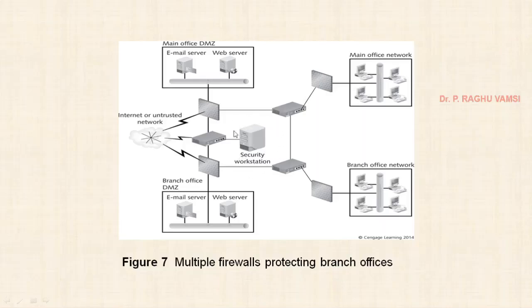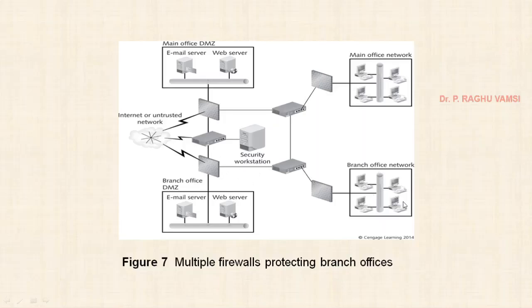Here you are going to monitor what type of traffic is diverted to which DMZ, and these DMZs may be present in different localities of the company. From this firewall, again a screening router will be placed here. From there, again a firewall which is connected to the main office, and from this screening router to another screening router which is connected with the second firewall at the entry level, and from this to the branch office.